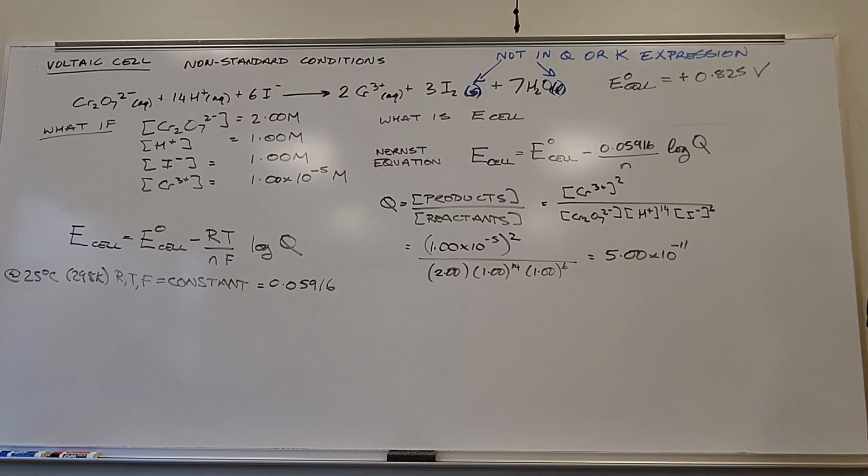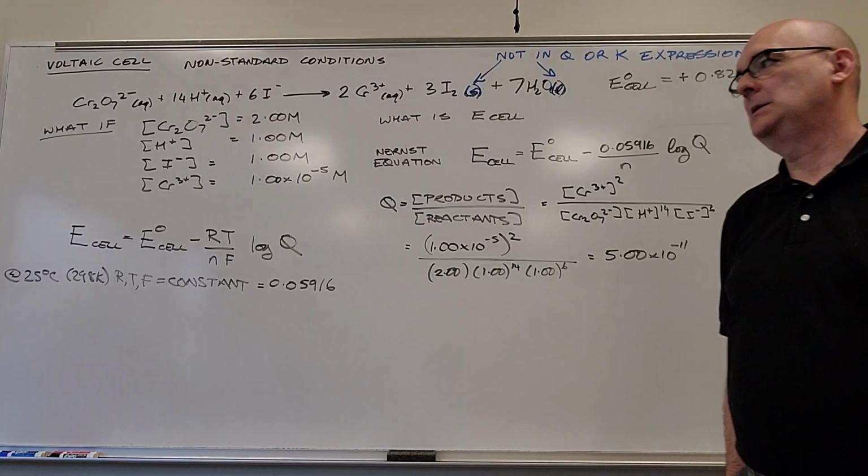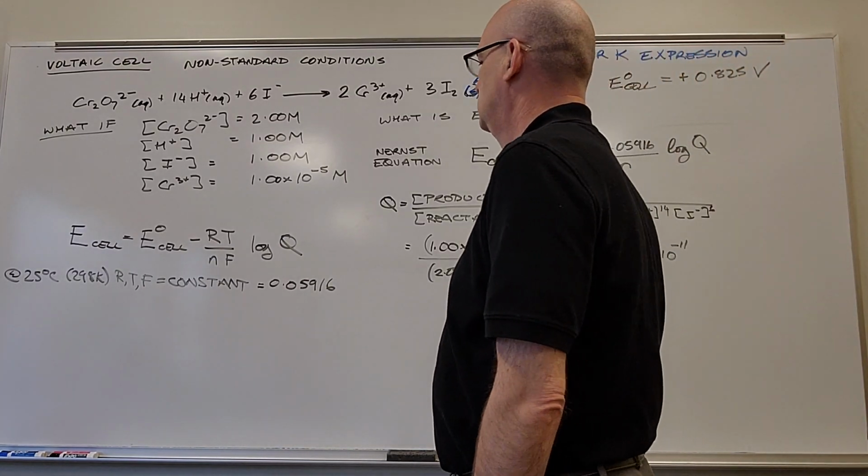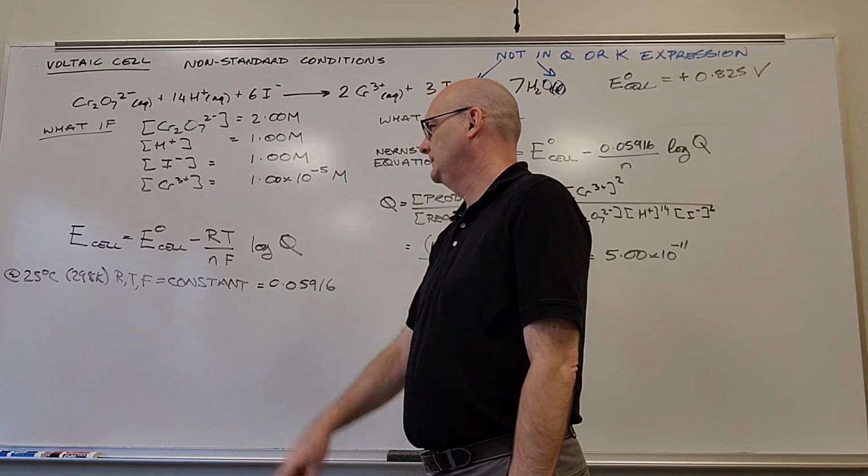So you use the Nernst equation for non-standard conditions because it has a Q in it.